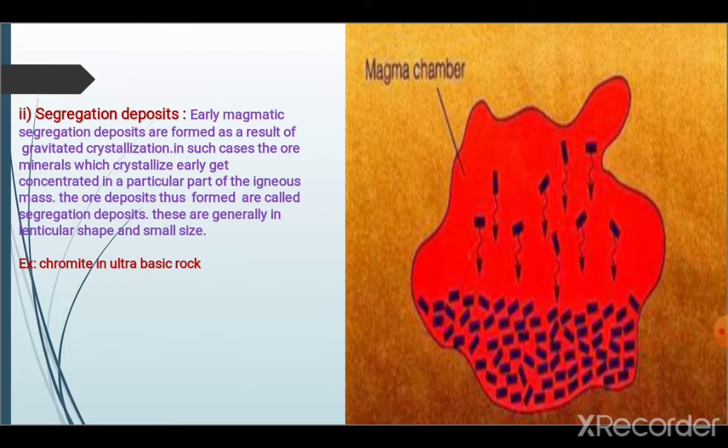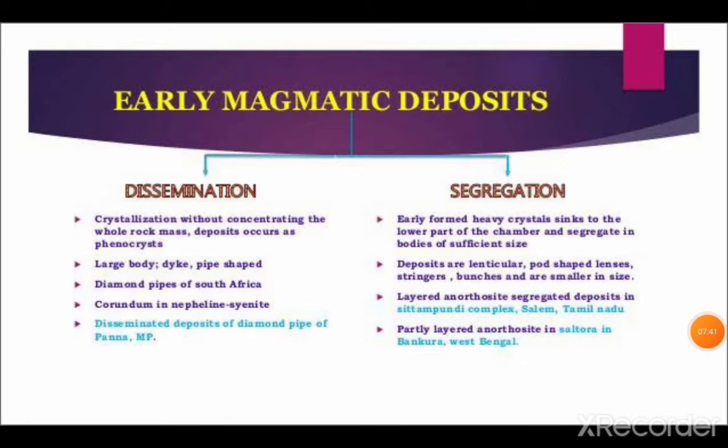These are generally lenticular in shape and small in crystal size. The example of such segregation deposits is chromite in ultrabasic igneous rocks. This is the difference between dissemination and segregation deposits.